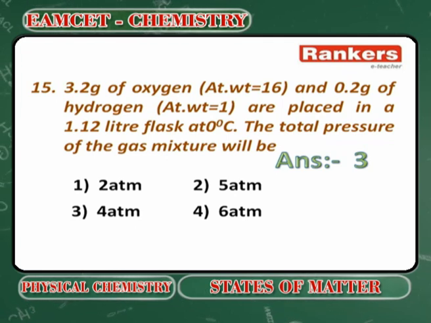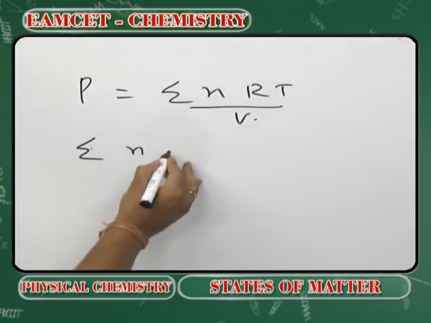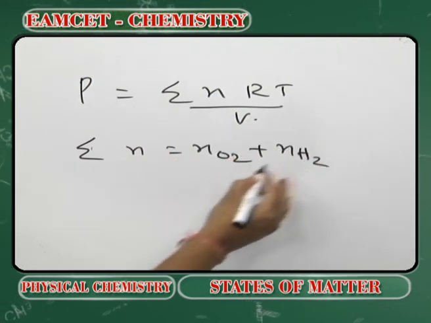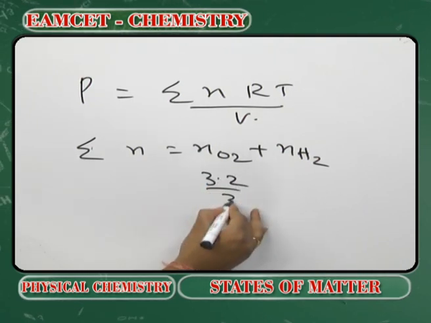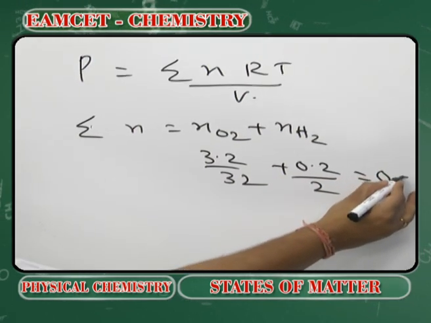Here this is a simple ideal gas equation application. The total pressure of the gas mixture will be equal to sigma n RT by V. What is sigma n? It is the number of moles of oxygen plus the number of moles of hydrogen. 3.2 by 32 plus 0.2 by 2, it comes to 0.2.